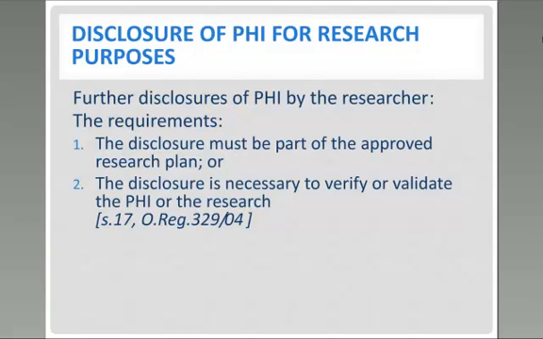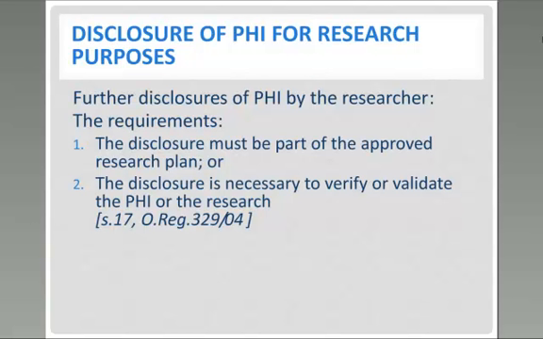Because generally the agreements are going to say you can only use the information for your research purposes and nothing else, and you cannot disclose it further unless required by law. So if part of what you are contemplating is a disclosure to either a prescribed entity or a person for one of the registries we just spoke of, or for data validation, those matters will have to be addressed in the research agreement.